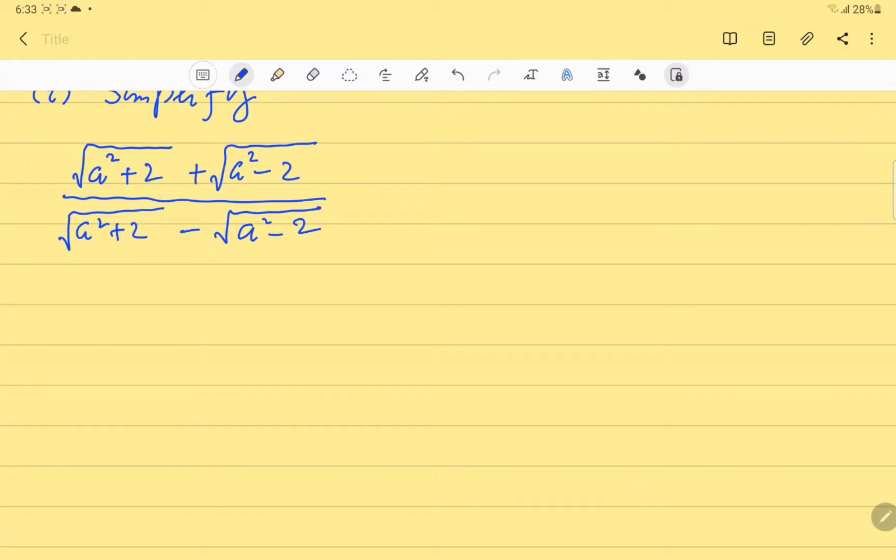What we will do here, we will multiply the denominator by, and divide with the same, square root of a squared plus 2 plus square root of a squared minus 2.